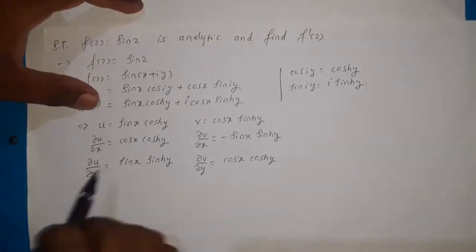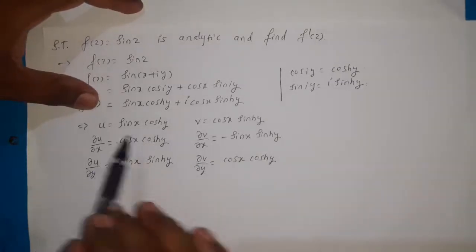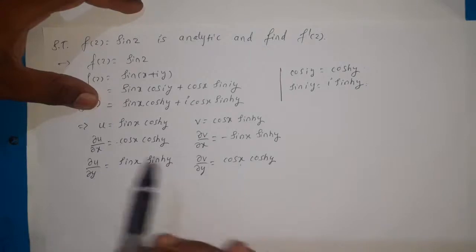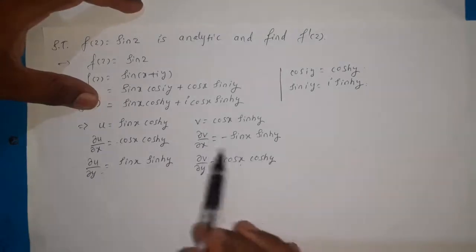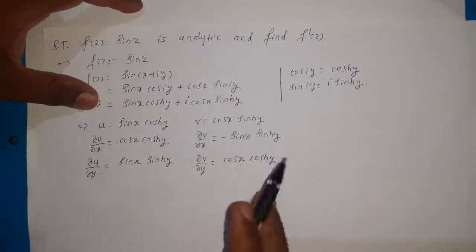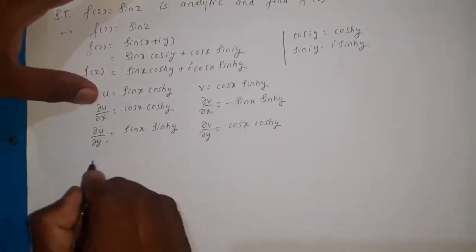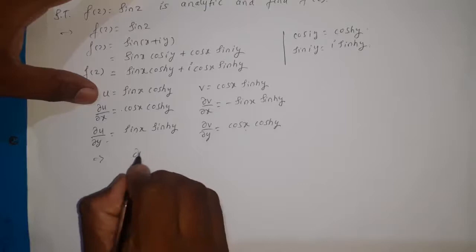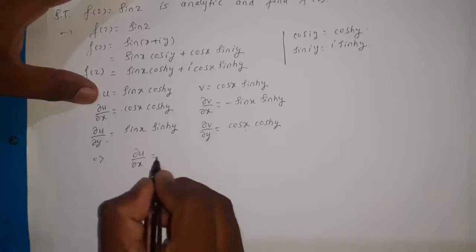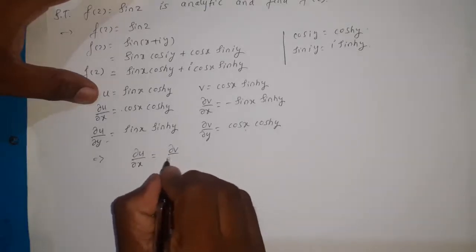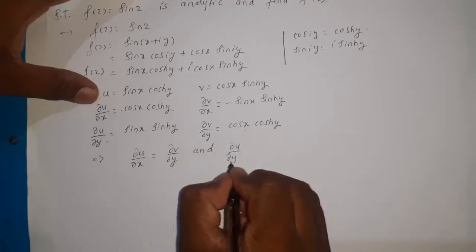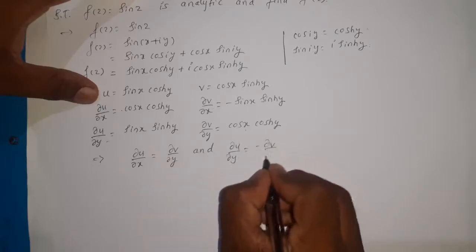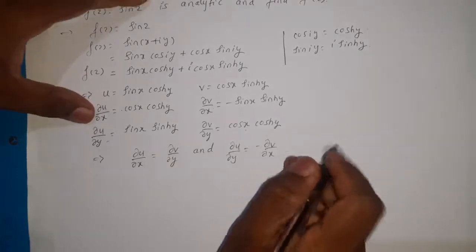Now, dou u by dou x and dou v by dou y, then dou u by dou y and dou v by dou x: the magnitudes are the same, but these two are of opposite sign. Then it implies that dou u by dou x is equal to dou v by dou y, and dou u by dou y is equal to minus dou v by dou x.